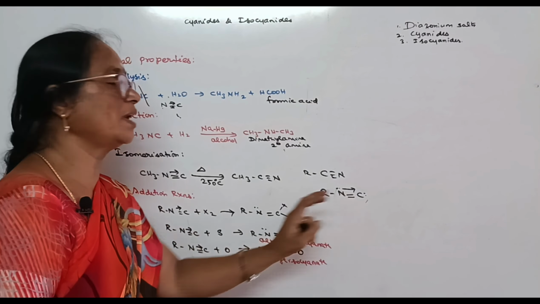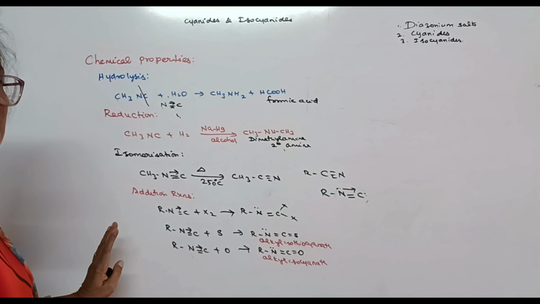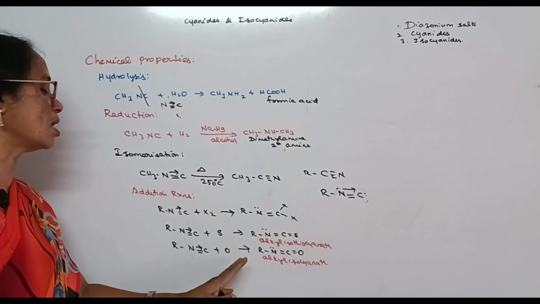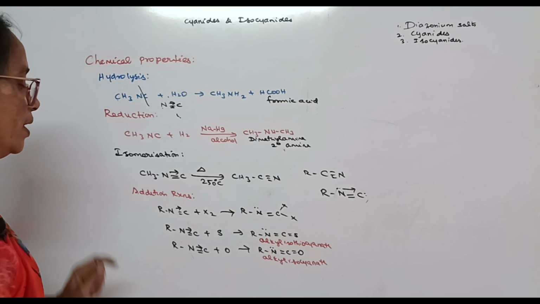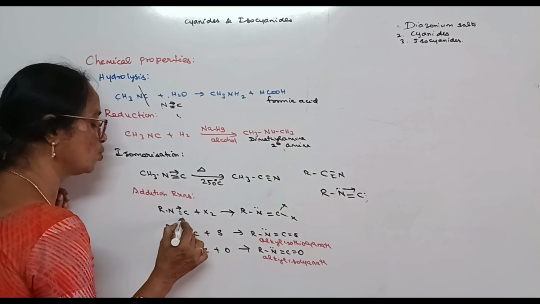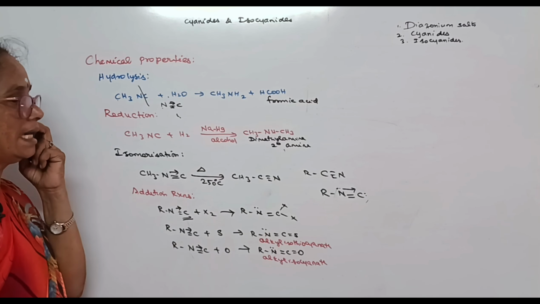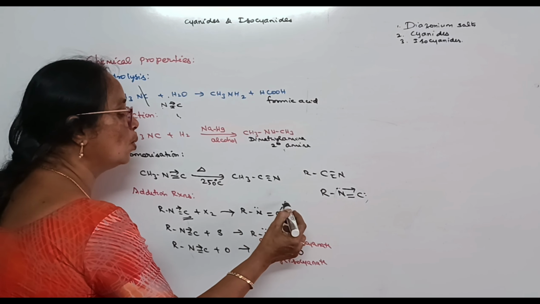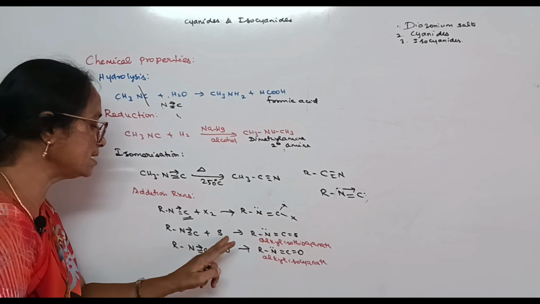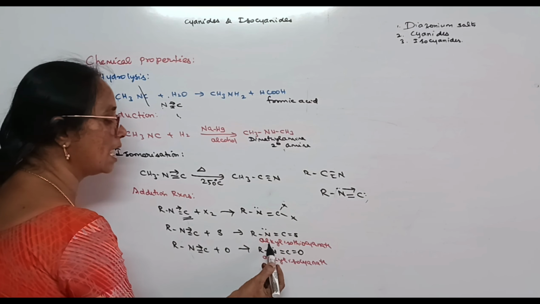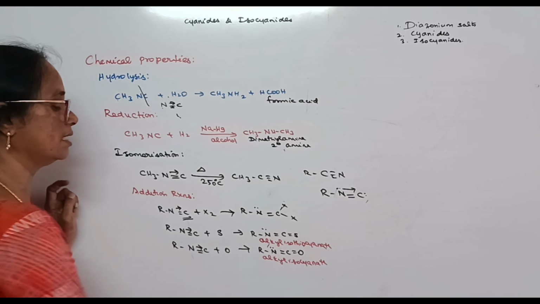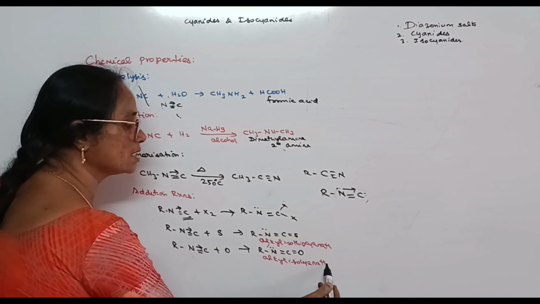Such structure of isocyanide favors the addition reaction with the most electronegative atoms like halogen, oxygen, and even sulfur. When we have halogen, addition reaction takes place only upon nitrogen and carbon. So we will get the dihalo derivative. Or when it is treated with sulfur, it forms alkyl isothiocyanate, or with oxygen, it forms alkyl isocyanate.